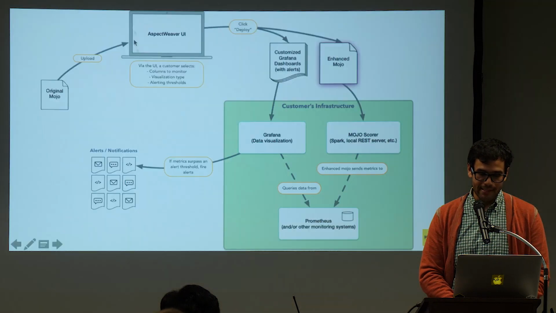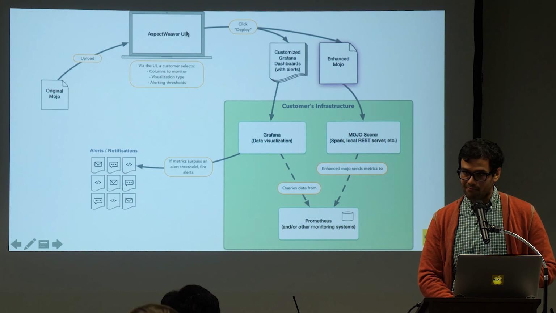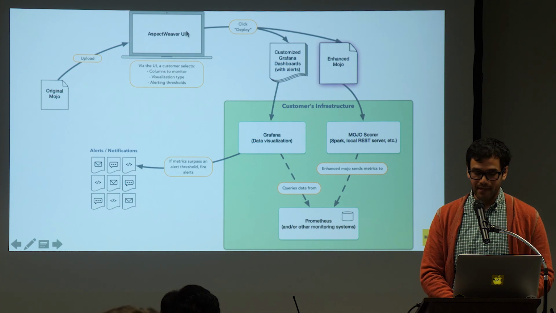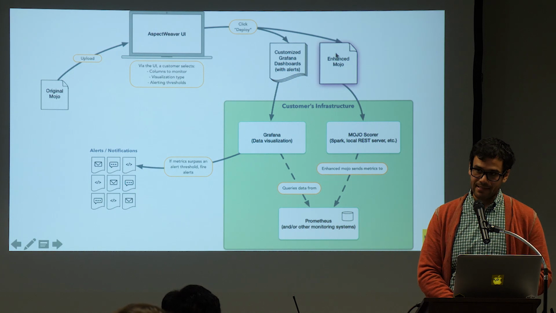So what we would see is this bit here, where you have this interface and you upload a mojo, and you do some stuff on this interface. I was hoping I could show it to you. And when you're happy with what you have, you can tell it to give you back this enhanced mojo.